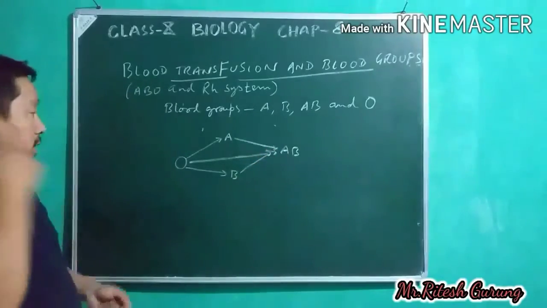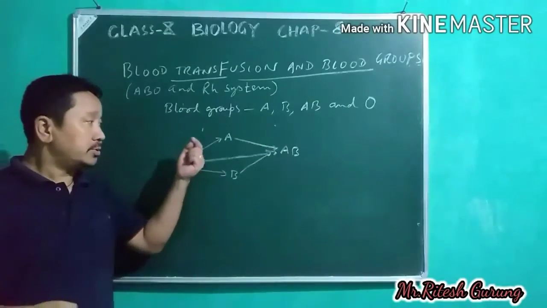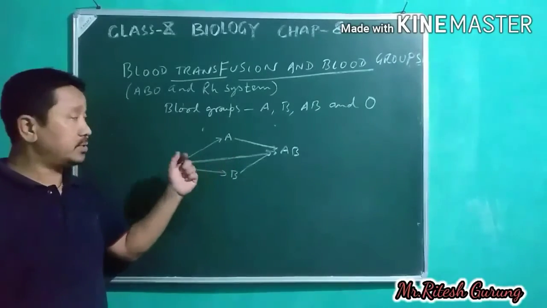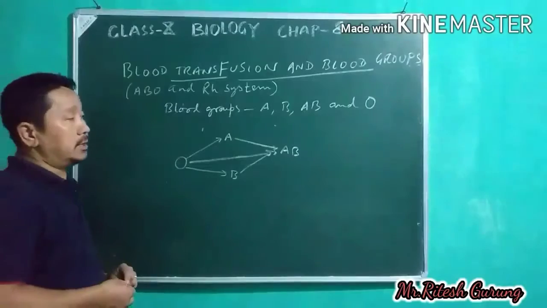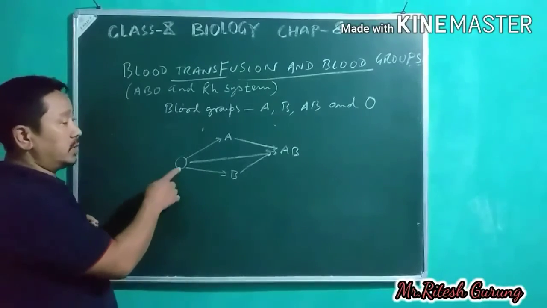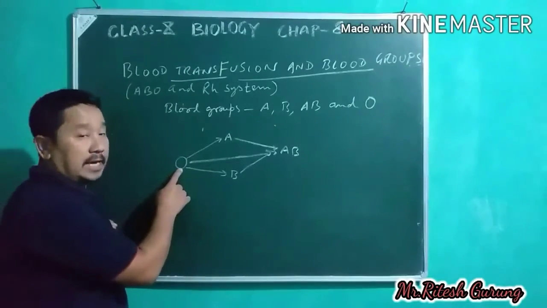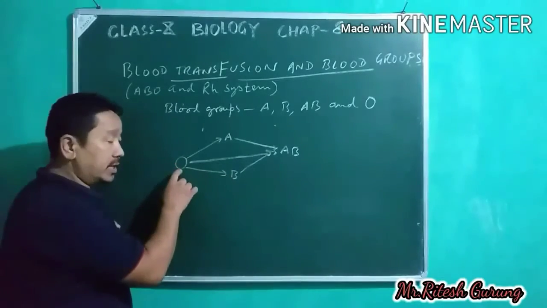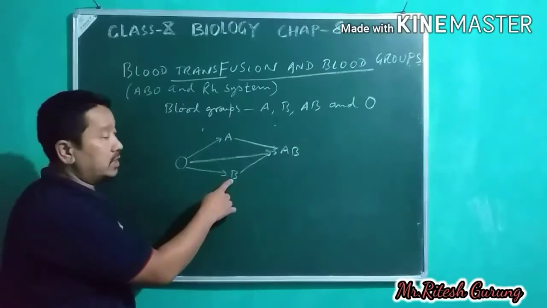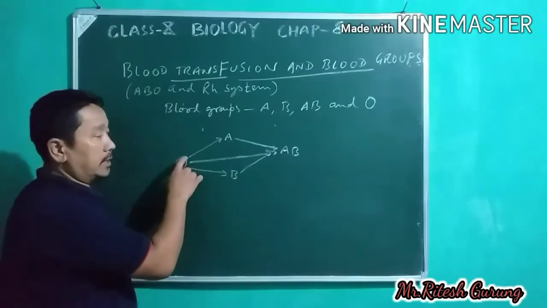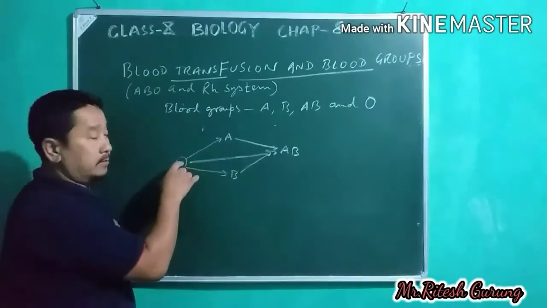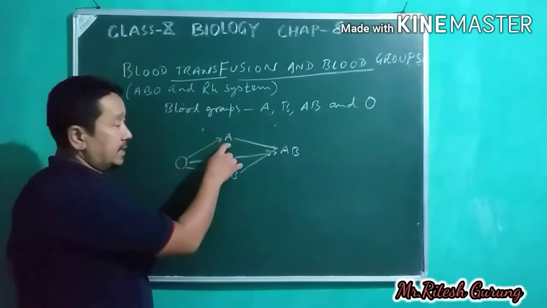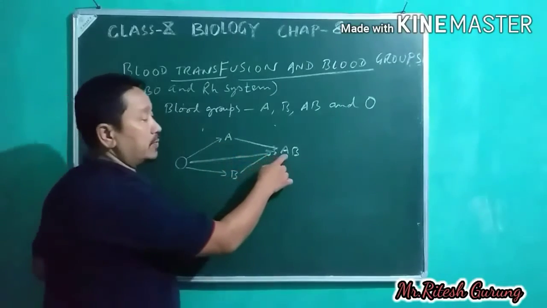See now, this diagram which I have drawn here tells you that blood group A can donate the blood to blood group B also, and blood group O can also donate the blood to A and blood group AB also.